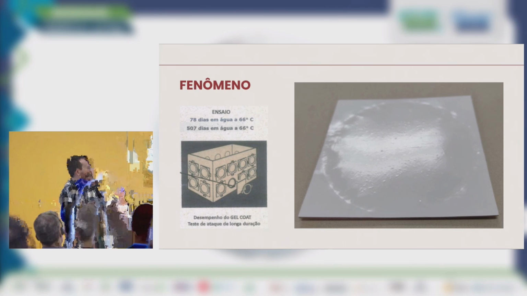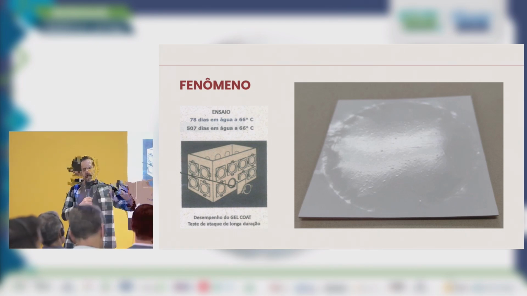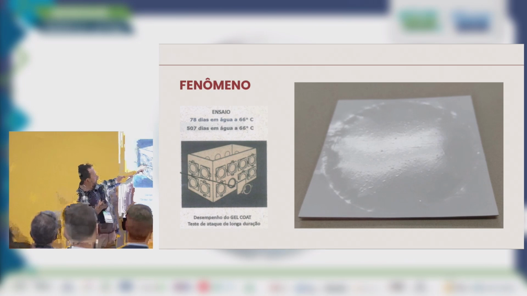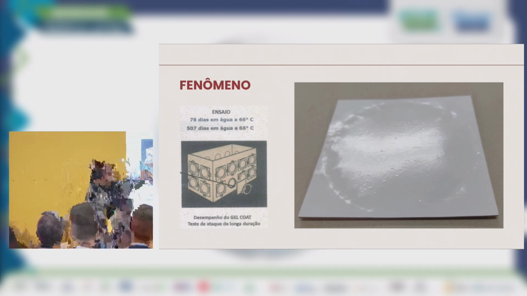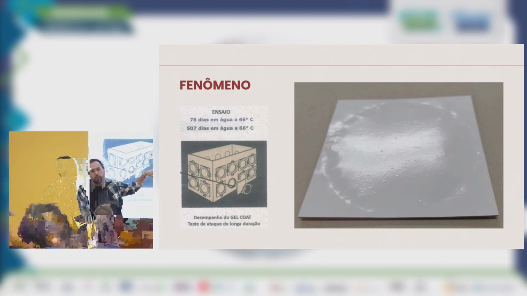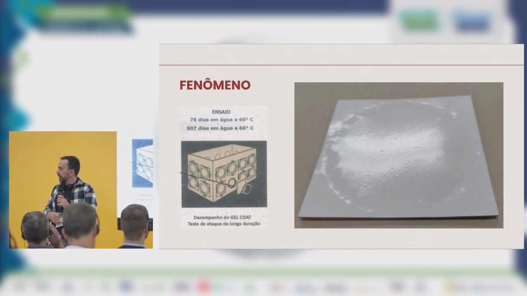It's a problem because the water enters and causes some bubbles or blisters. A very common assay is using this box where you circulate water at a given temperature and you place a plate or a sheet of material inside, and after a time you will see whether the water has entered the laminate or not. This is the phenomenon.